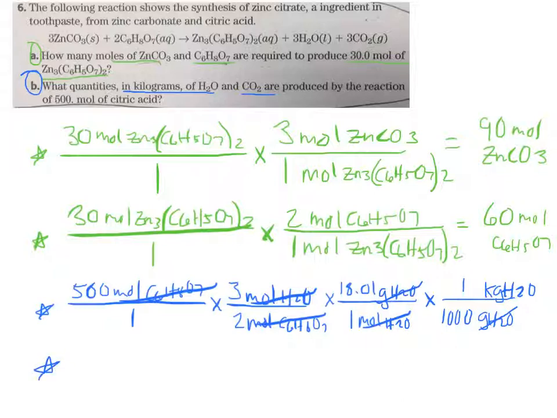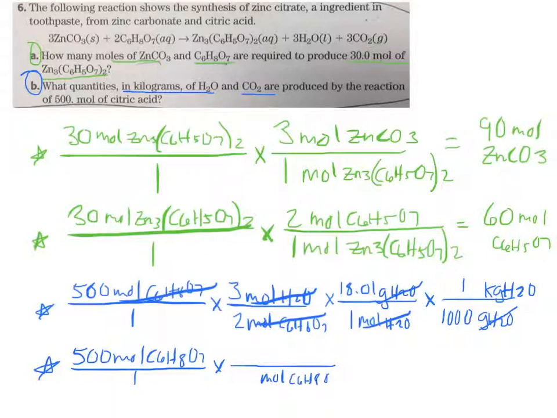We're starting off with the same amount of moles of our citric acid. And we're going to set this up pretty much the same way. If moles of citric acid is on top, I need that on the bottom. And that's going to be 2.